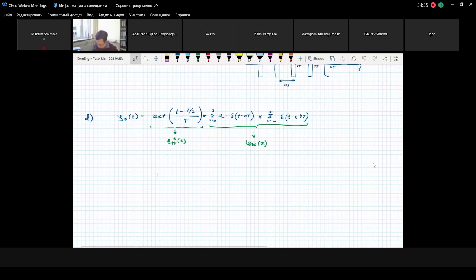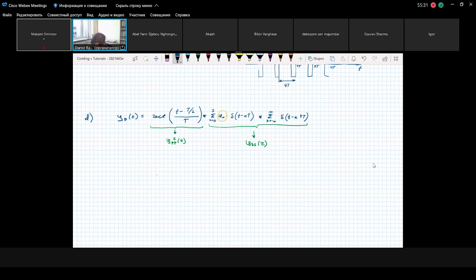So let's do this. Actually, first we calculate the autocorrelation for a periodic sequence of symbols in discrete time, and then we extend it to continuous time.